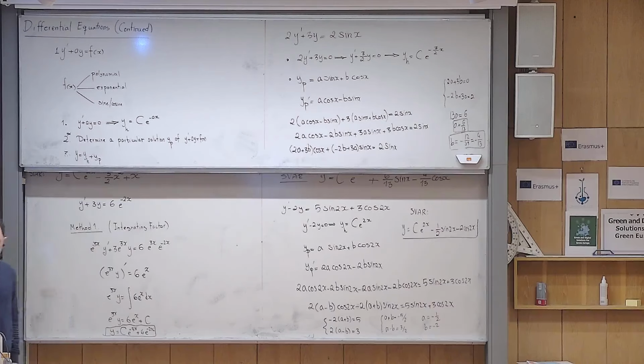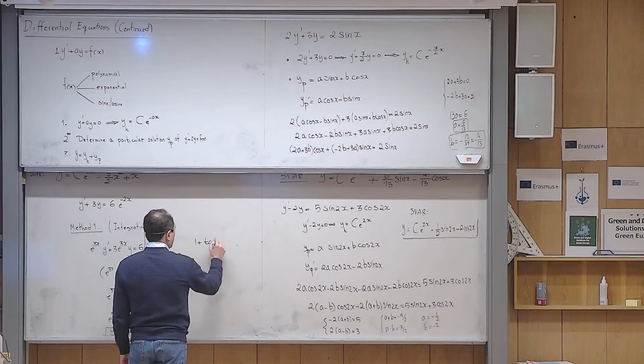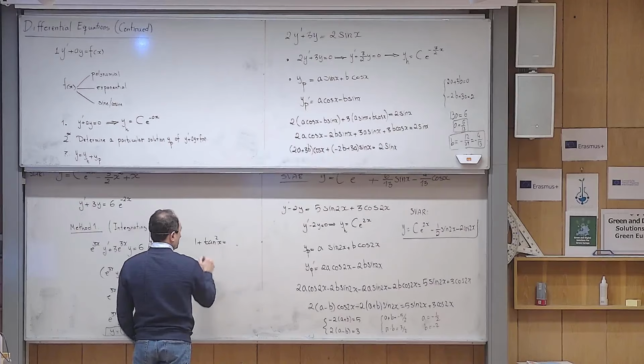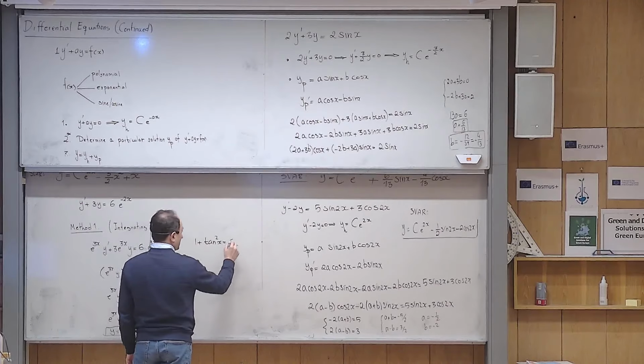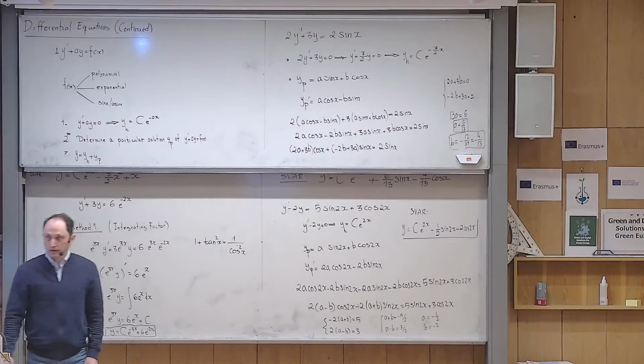Okay, but I can see that that is correct, because let me write GeoGebra's answer here. So what I will do, I will factor, because you know that this combination 1 plus tangent squared, I told you this is famous, we had it in math 4, that is the derivative of tangent actually, and this becomes 1 over cosine squared x.